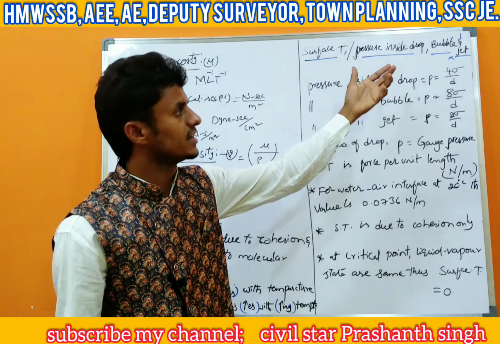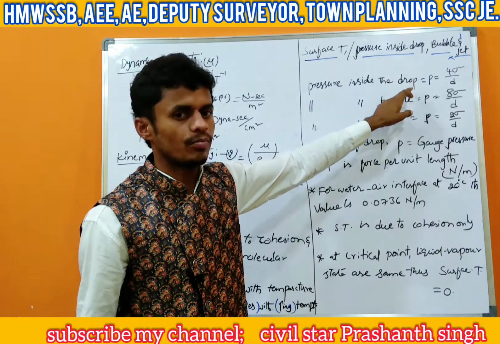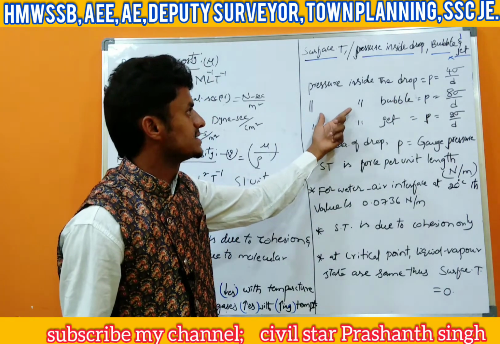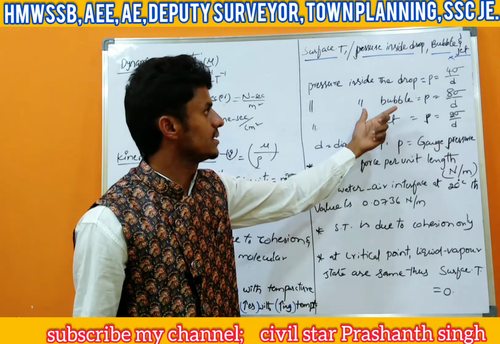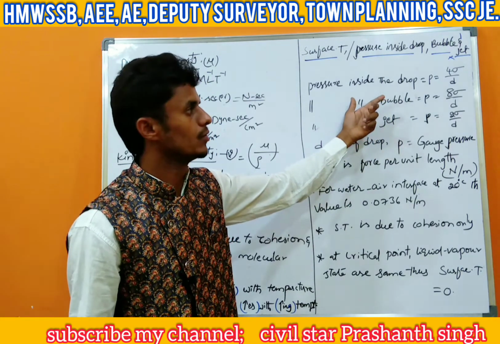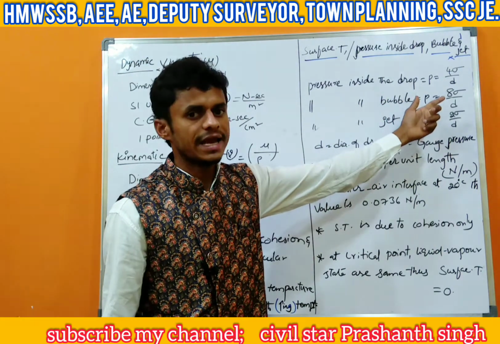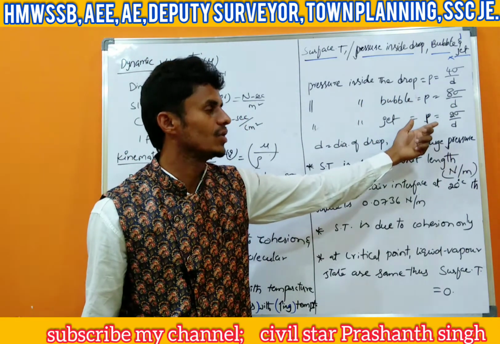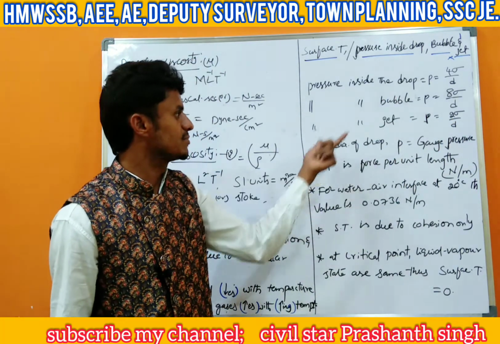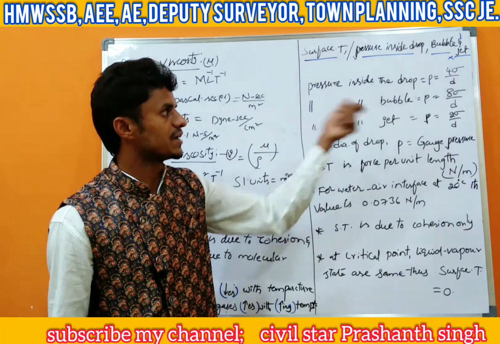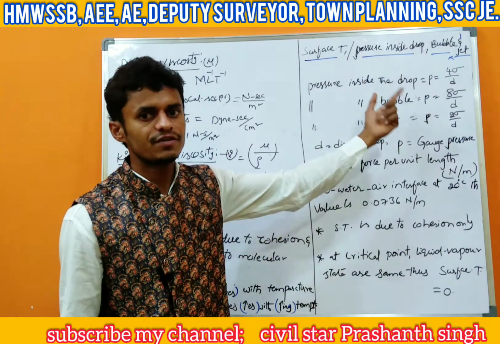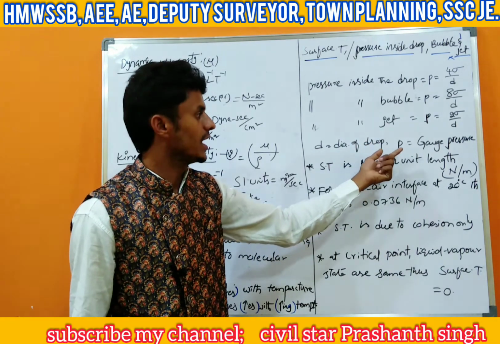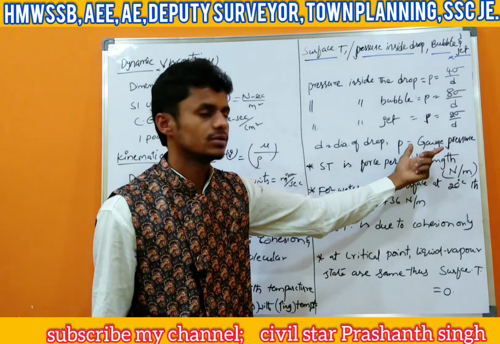Pressure inside the drop: the formula is 4 sigma by D. Pressure inside the bubble, nothing but a soap bubble, equals 8 sigma by D. Pressure inside the jet, the formula is P equals 2 sigma by D. Here sigma equals surface tension, D equals the diameter of the drop, and P equals gauge pressure.